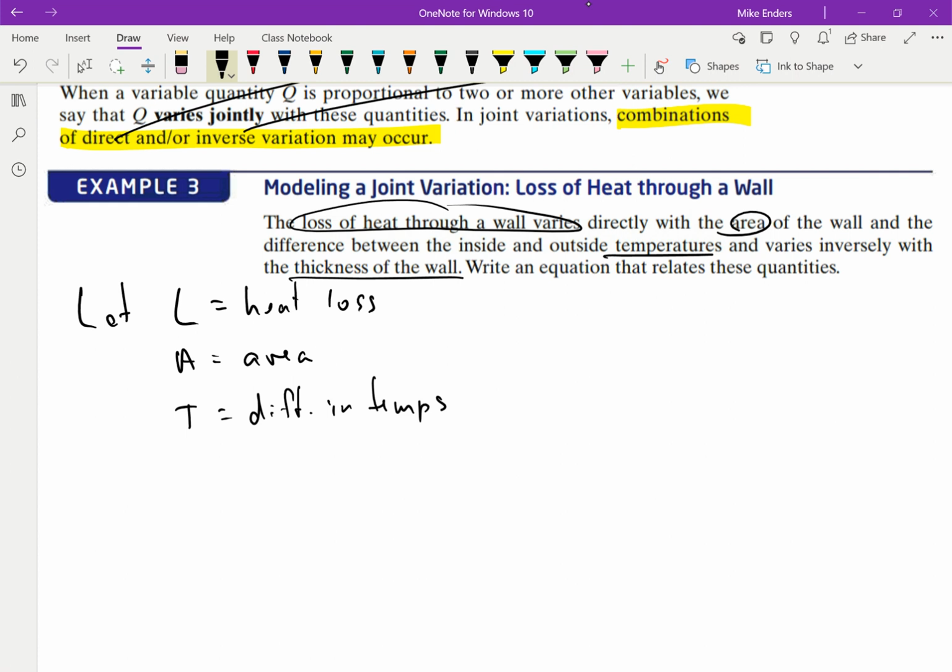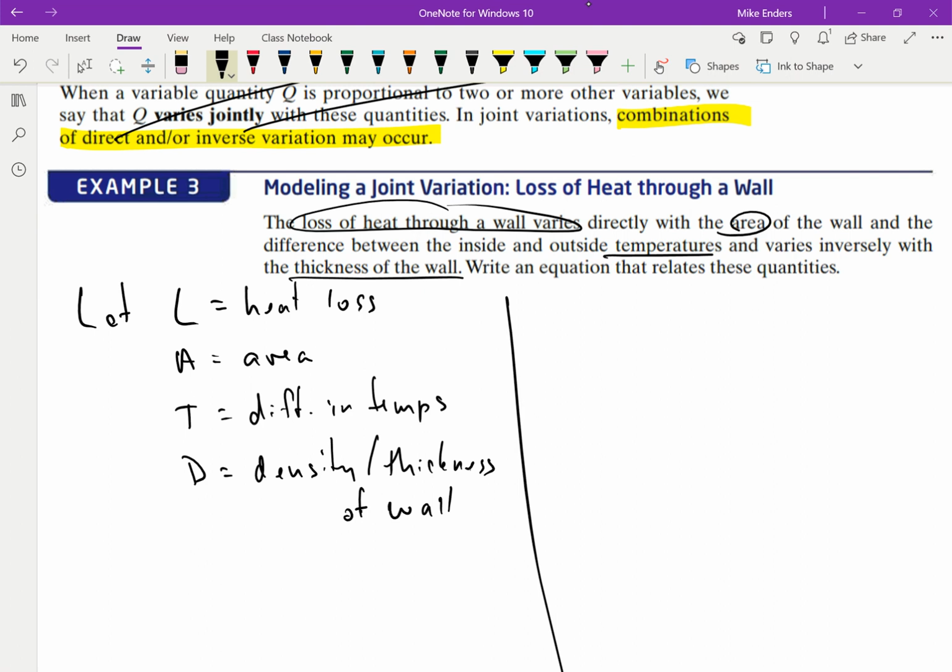And so it varies depending on what we want to use here. I'll use D for the density, or thickness of the wall. And again, on these, we could choose any variables that we want. Just a matter of what we decide to use. We define our variables, then we can go ahead and use them.